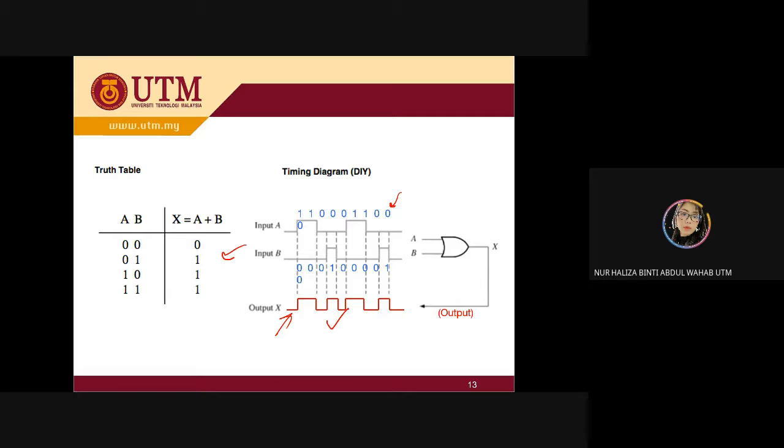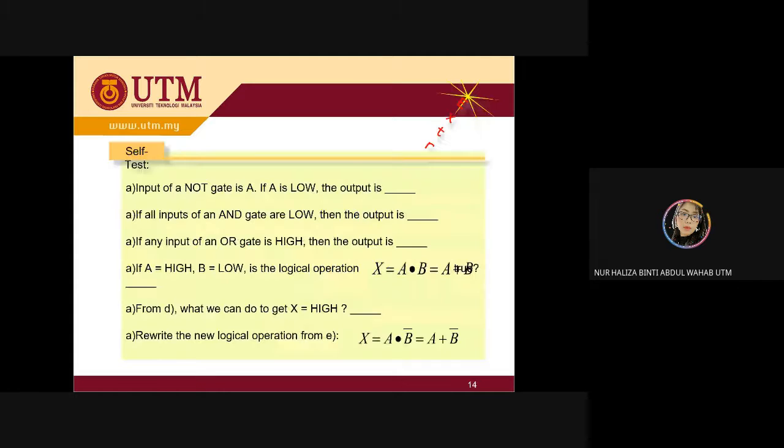That is your basic gates, which is NOT and OR. That is the only thing that you need to know. You can see there is a self-test. Please try to do it. And if you want to know the answer, here I give you. But don't just get the answer without doing.